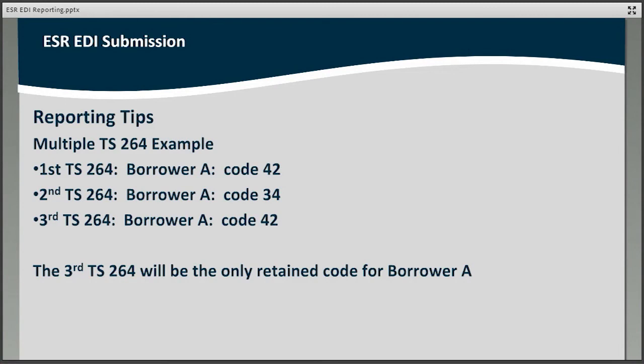Because multiple TS-264s were submitted with borrower A listed, each subsequent report did an override of the codes for this borrower. So in this example, if a report were pulled after the final TS-264 was submitted, the loan would show a code 42, when truly the loan should reflect a code 34.